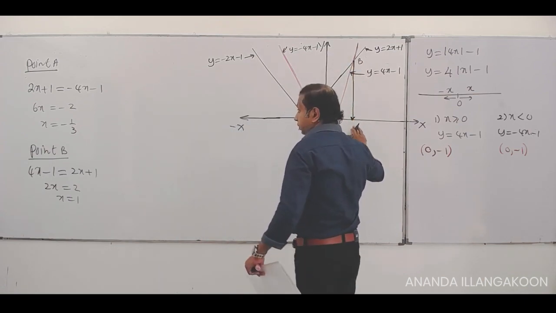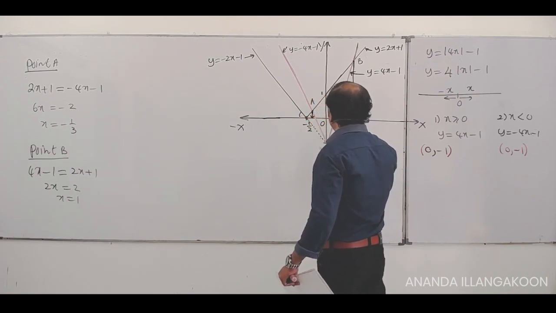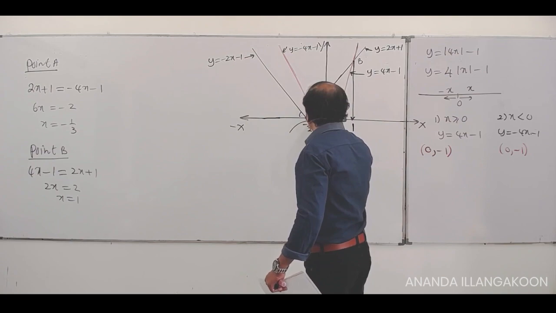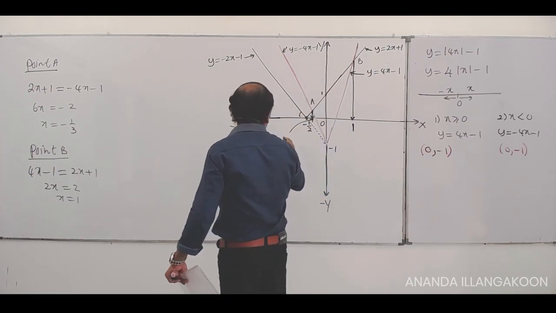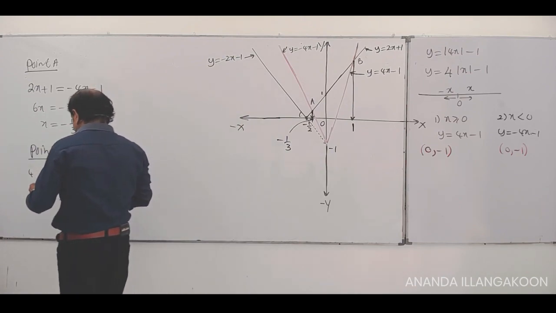This point we got 1. And this point's x coordinate we got minus 1/3.